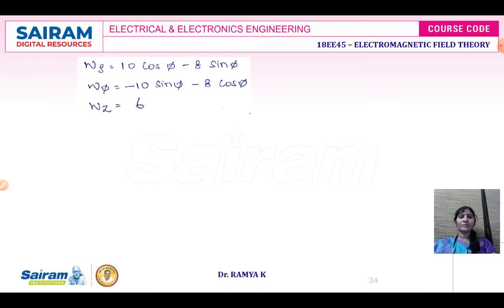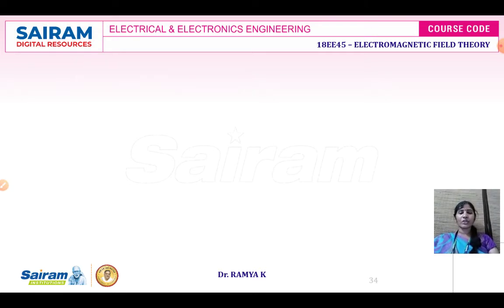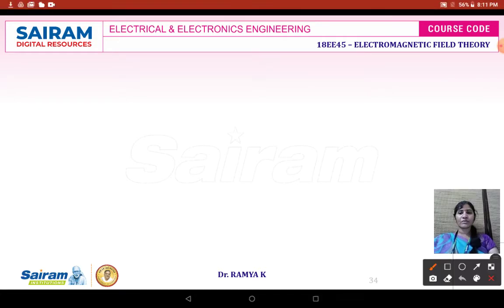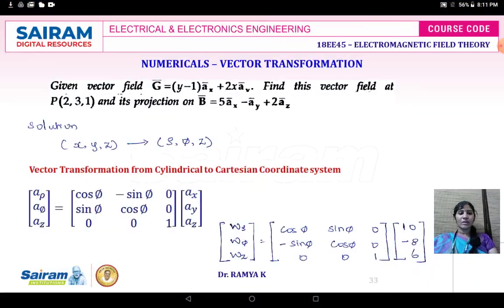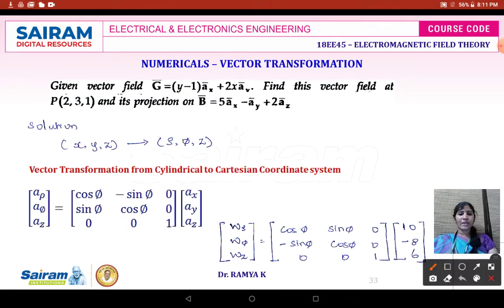Next, W is equal to, from that we have identified W rho is equal to 10 cos phi minus sin phi from this particular equation. From this matrix, from this equation, you are going to write what is W rho, what is W phi and what is Wz.